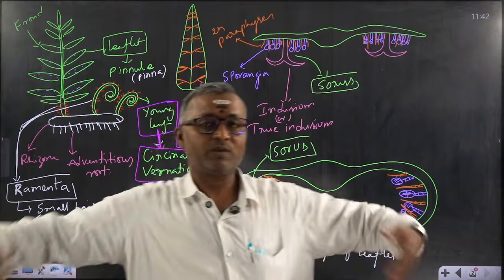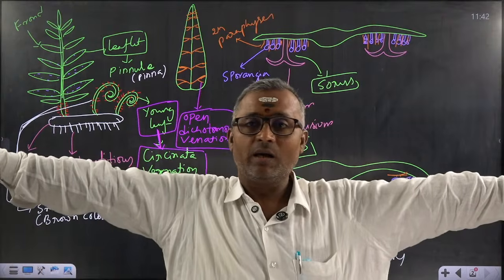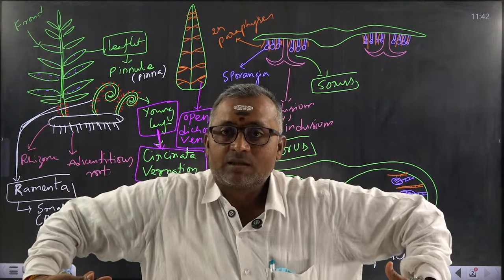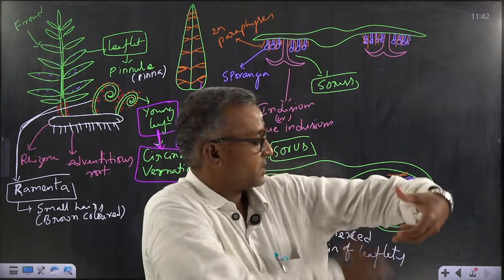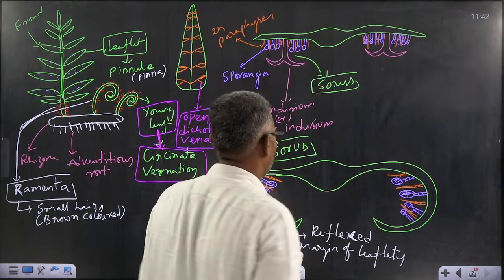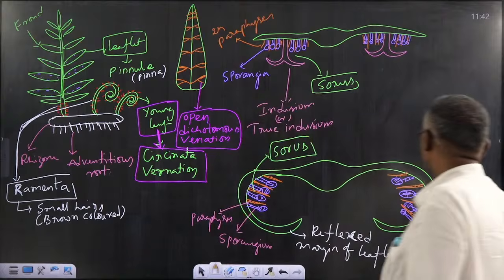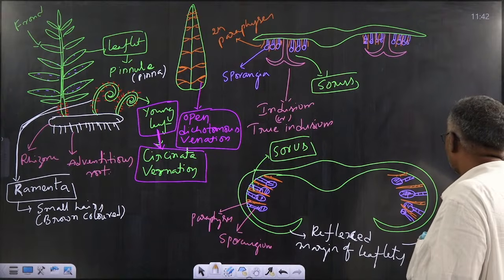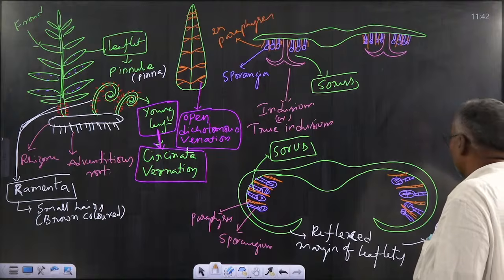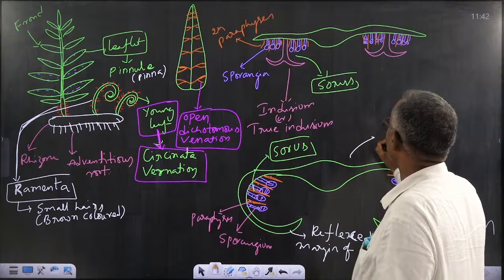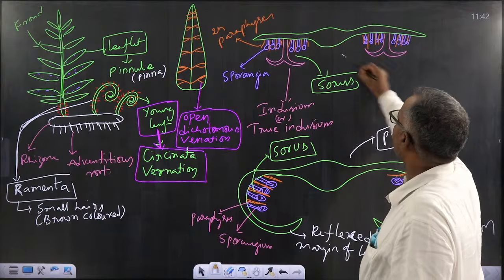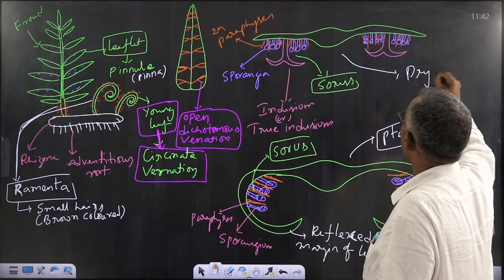That means if you think that this is a sporophyll, now the margins have reflexed like this. Here sporangia will be there. Then this reflexed margin of the leaflet is called false indusium. What is it called? False indusium. Where do you see this false indusium? You can see this in Pteris. Whereas the true indusium is seen in other ferns.